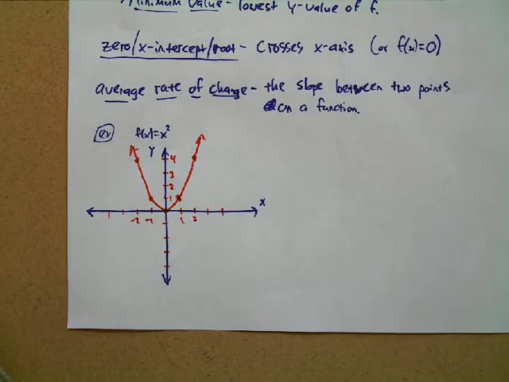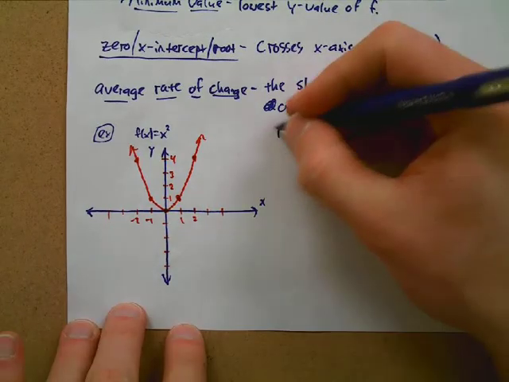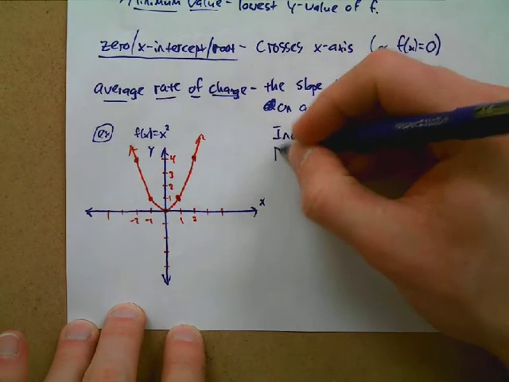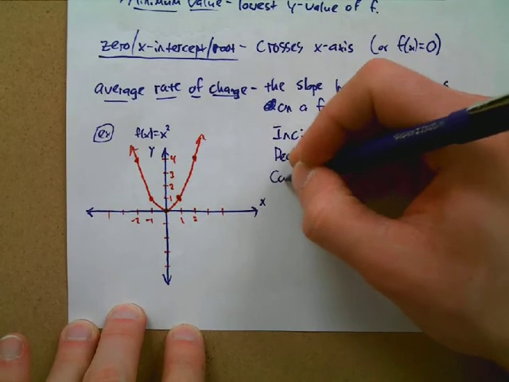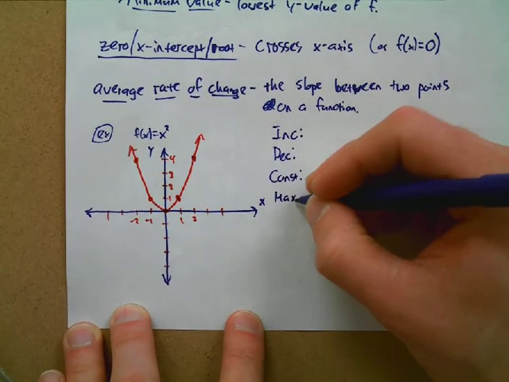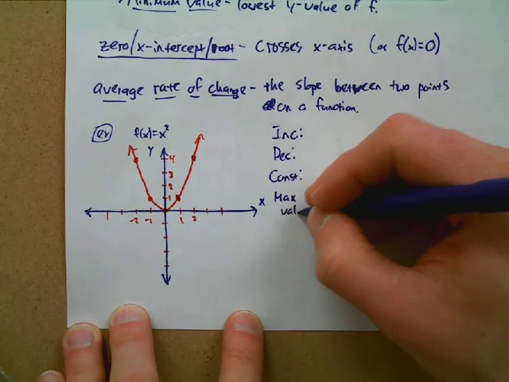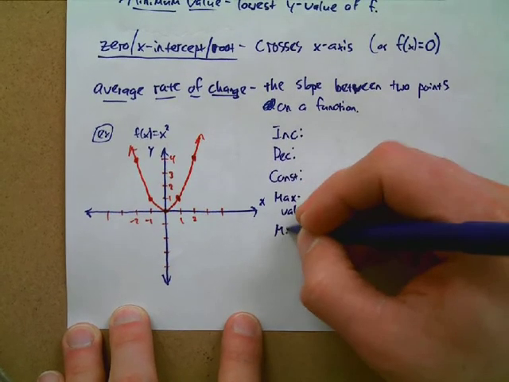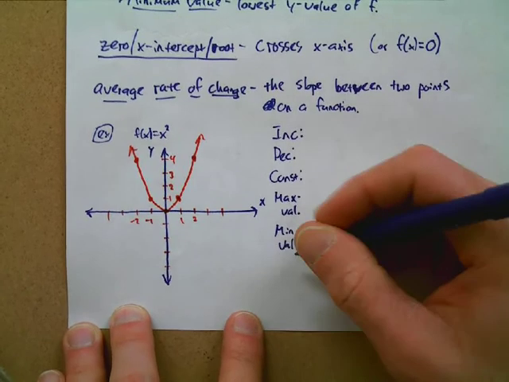I won't make us do the domain and range for this. We already kind of talked about it, so that's fine. We are going to talk about increasing. We are going to talk about decreasing. We are going to talk about constant. We'll do the max value, the min value, and the zeros.